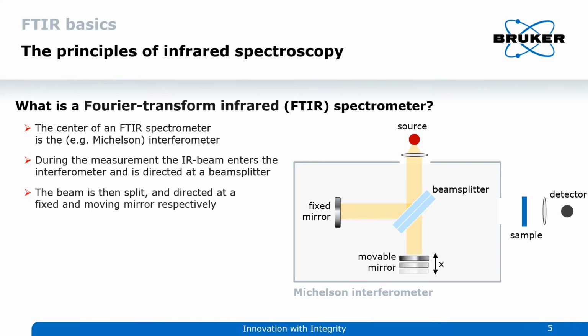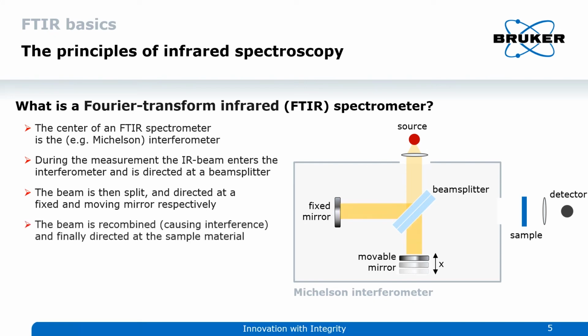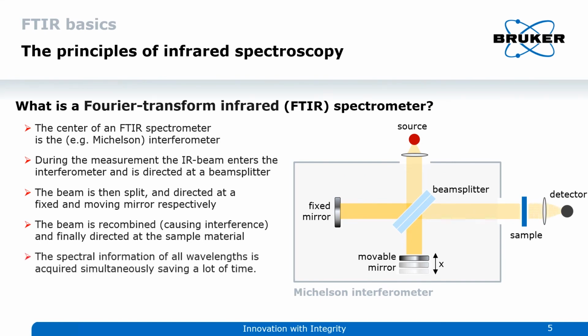Then the light travels back to the beam splitter, where it is recombined, causing interference, and is then directed at the sample material. That way, the spectral information of all wavelengths can be acquired simultaneously, saving a lot of time. At the end, the detector produces a raw signal of light intensity versus mirror position.